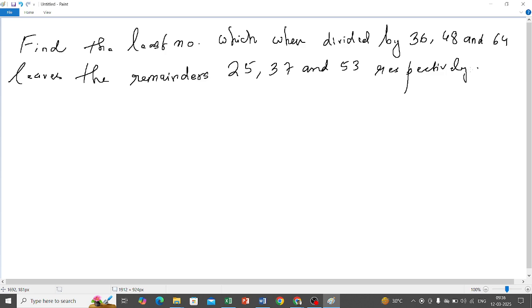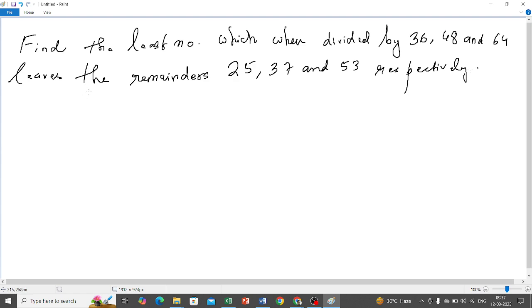Find the least number which when divided by 36, 48 and 64 leaves the remainders 25, 37 and 53 respectively. Try this out in the same way, just whatever rule I said, put that in that rule and do this.